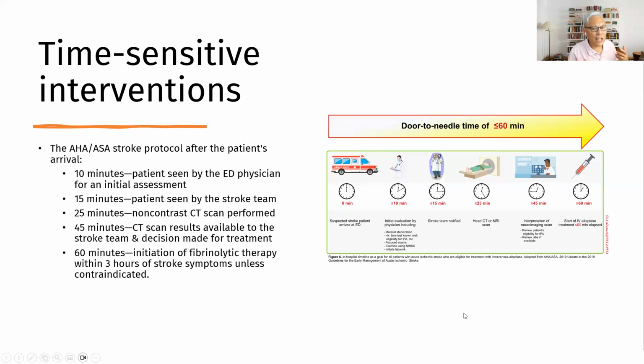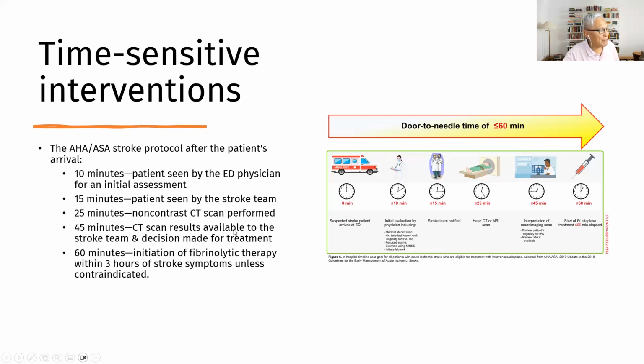There are time-sensitive interventions that must be done. And what are those that are imperative? The first one is the first 10 minutes. Within the first 10 minutes of entry of a patient to the emergency room, they have to be seen by the emergency room physician, and within 15 minutes, the stroke team has to have seen them.